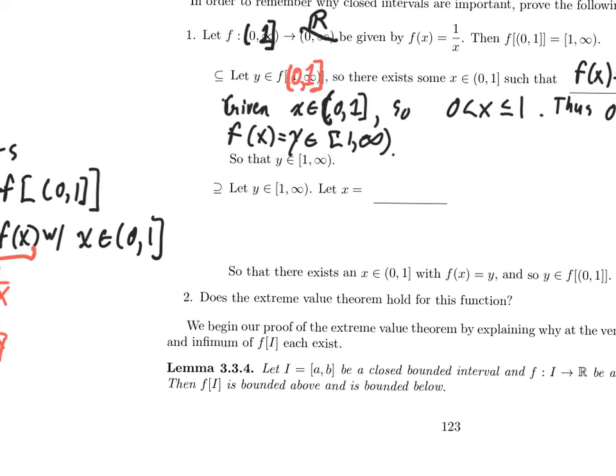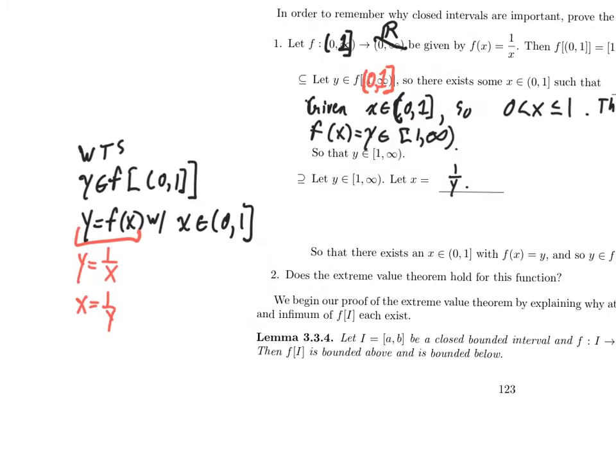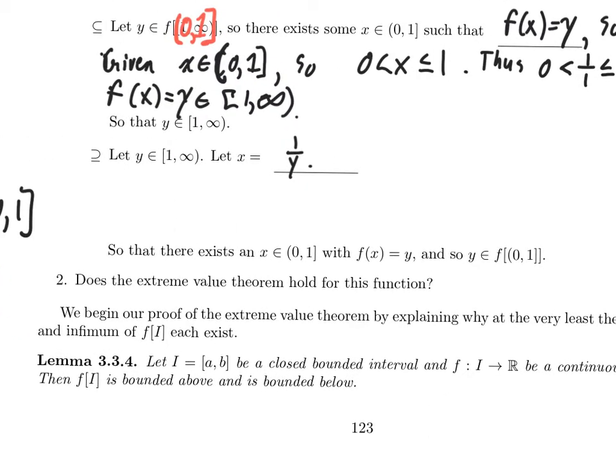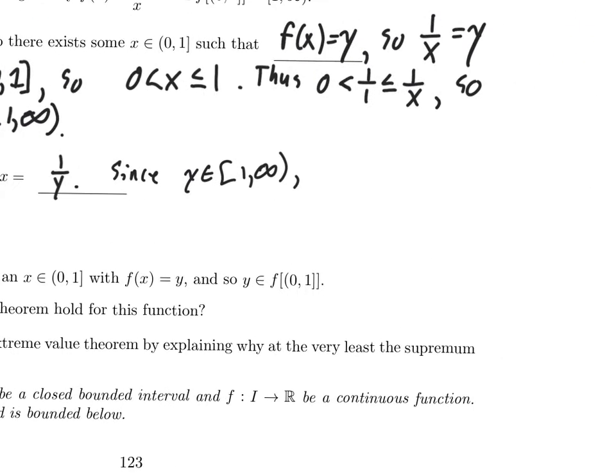So let's use that. Let y be in the interval from 1 to infinity. Let x be equal to 1 over y. So I know automatically that y is going to be equal to f of x. I want x to be in the interval (0, 1]. So let's explore what we know about y and what we can prove about x. Since y is in [1, infinity), I know that 1 is less than or equal to y.